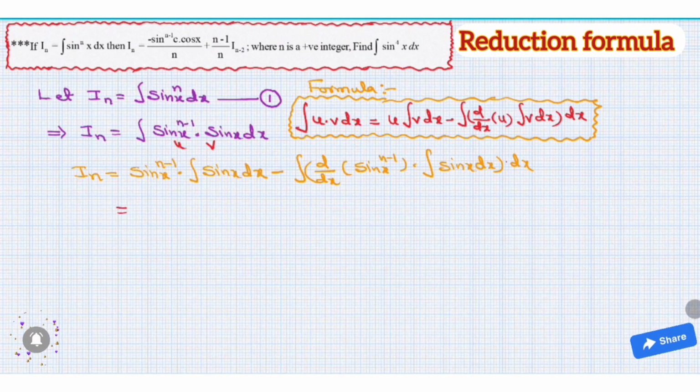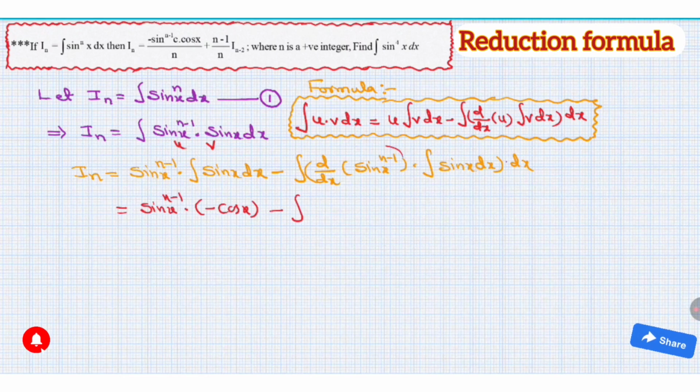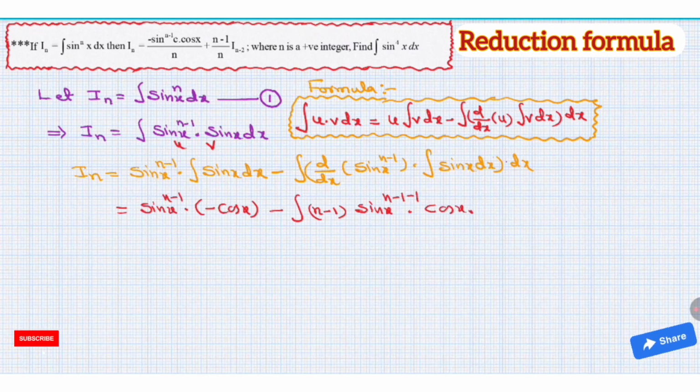This equals sin x power n minus 1 times integration sin x dx, which is minus cos x, minus integration of d by dx of sin x power n minus 1, which is (n minus 1) into sin x power n minus 1 minus 1, into, using the chain rule, the derivative of sin x, which is cos x, into integration sin x, which is minus cos x, dx.